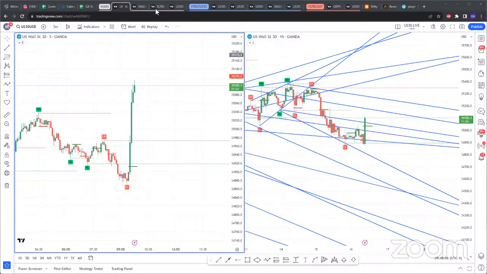For some reason, my charts are still freezing. Let's see. Need to restart something.